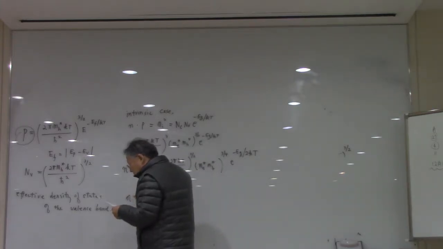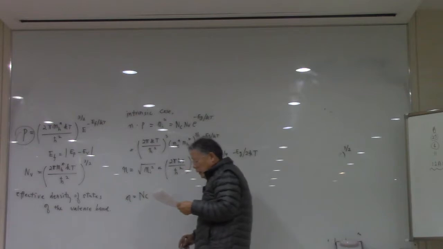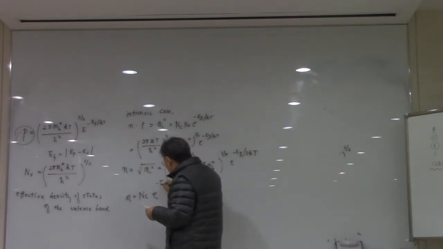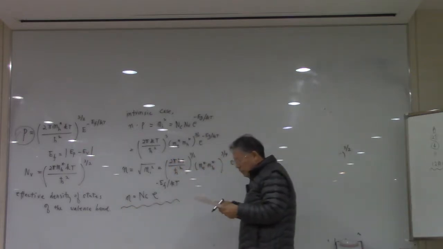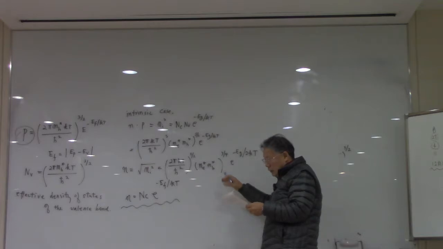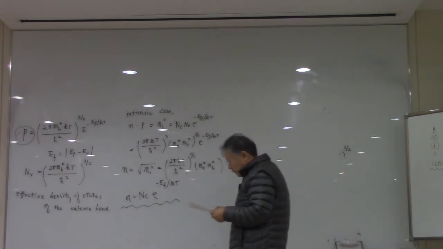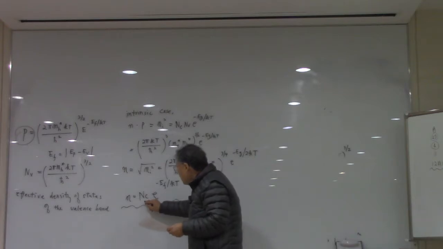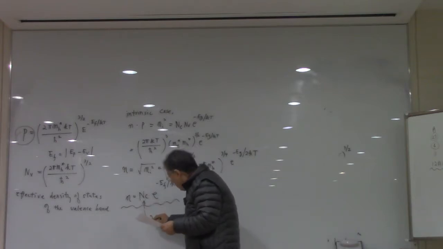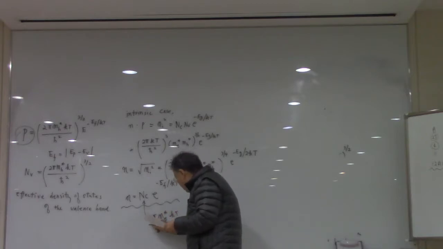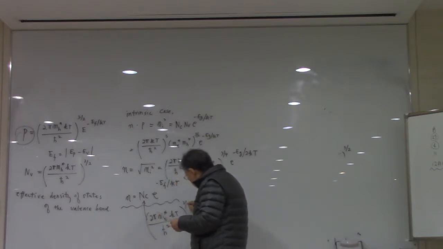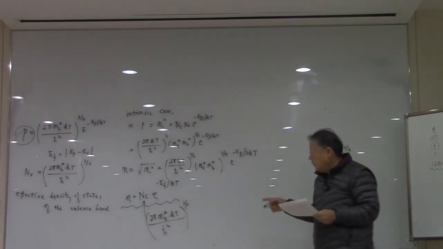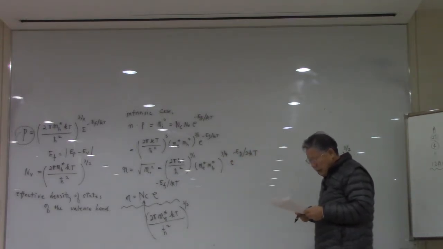And we know that N is going to be expressed in the Boltzmann statistics like e to the EF over KT, right? So if you set these two things together, and we know this NC, 2 pi mE star KT over H bar square to the 3/2, right? Effective density of states of the conduction band.